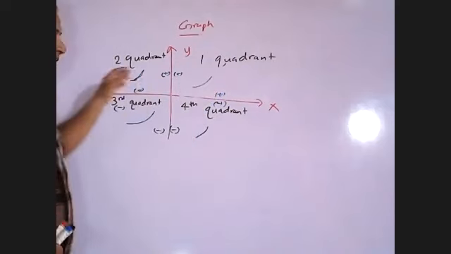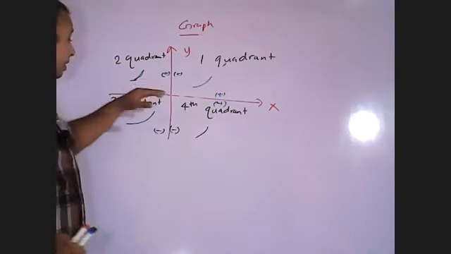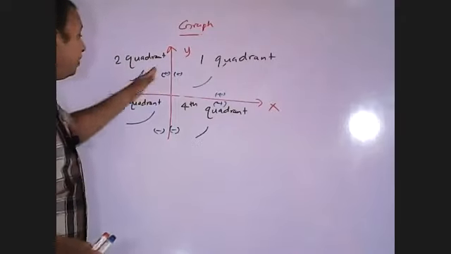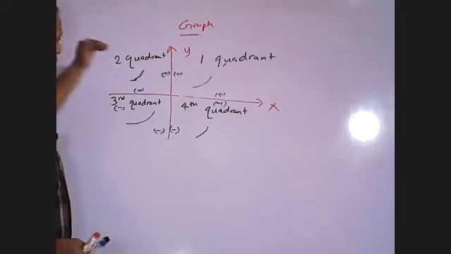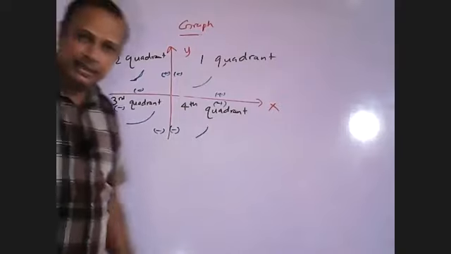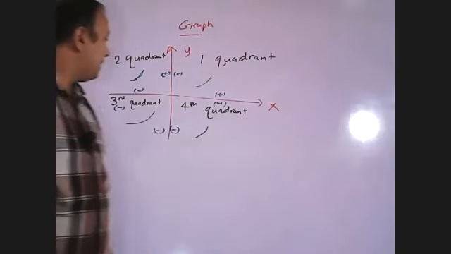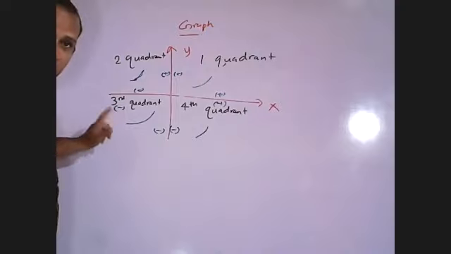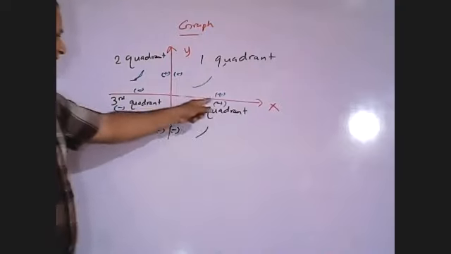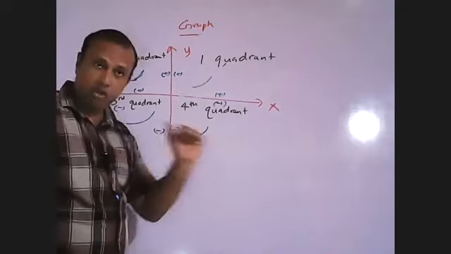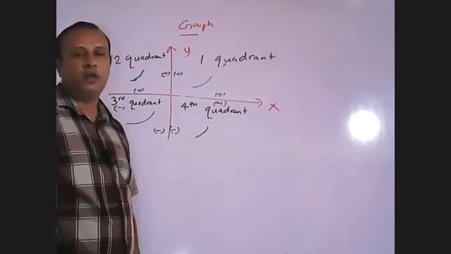If the x coordinate is negative and y is positive, the location will be the second quadrant. If both are negative, the location will be the third quadrant. If x is positive, y is negative, the location is the fourth quadrant.